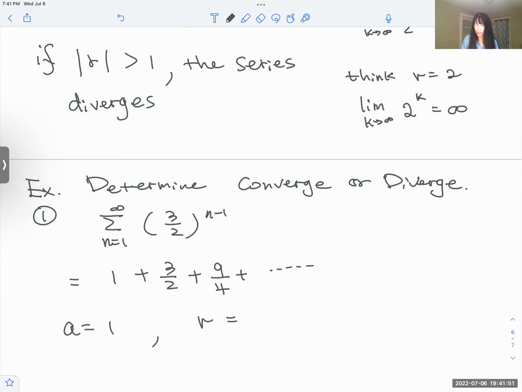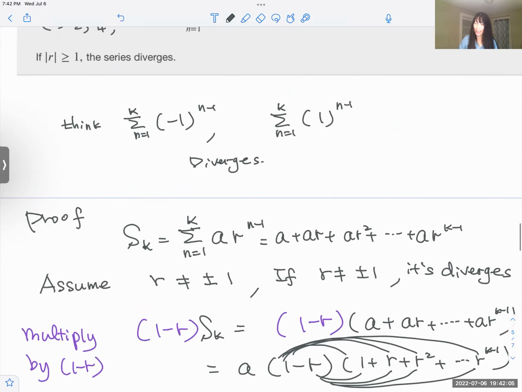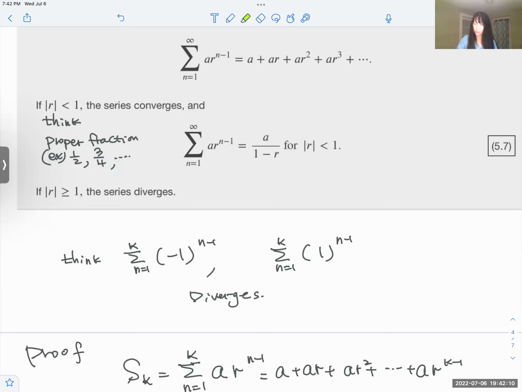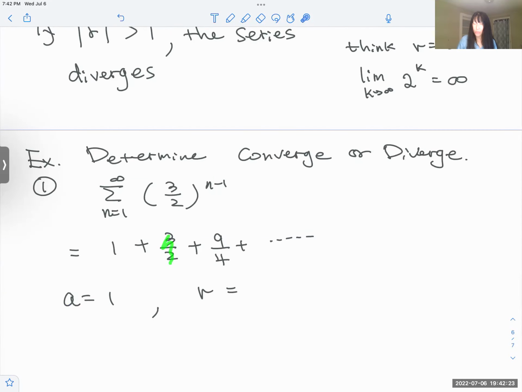What is r in this case? Look, we have a times r as the second term. The first term is a, the initial term, and the second term is a times r. So the second term we're looking at is 3/2.